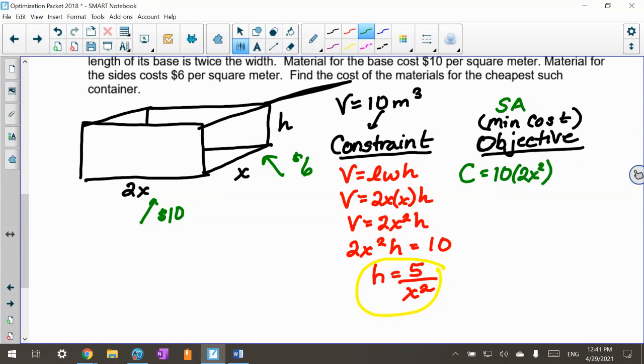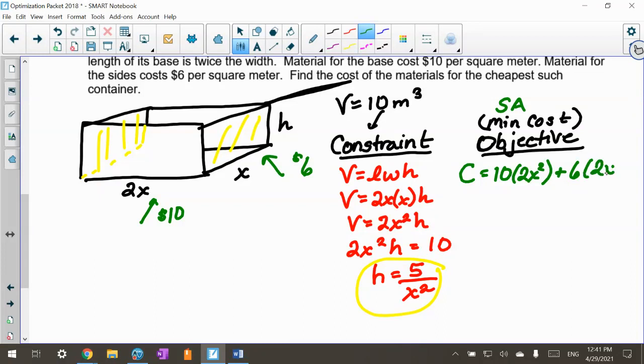Now this one's a little bit different because if I look at the side, this side right here and this side over here are the same because it's rectangular. The area of that side is xh, and what it costs is $6 times xh, but there's two of them.